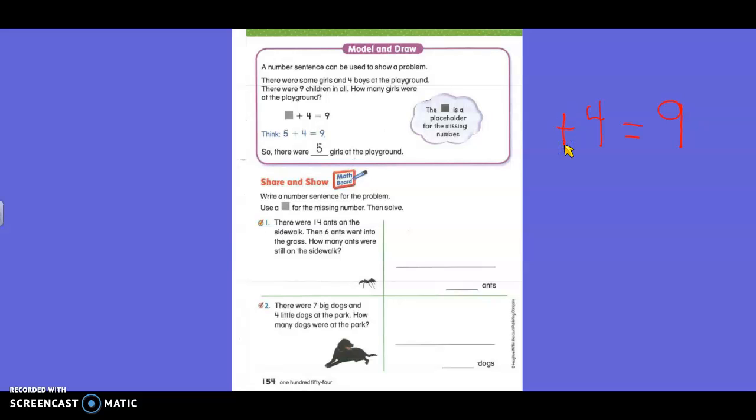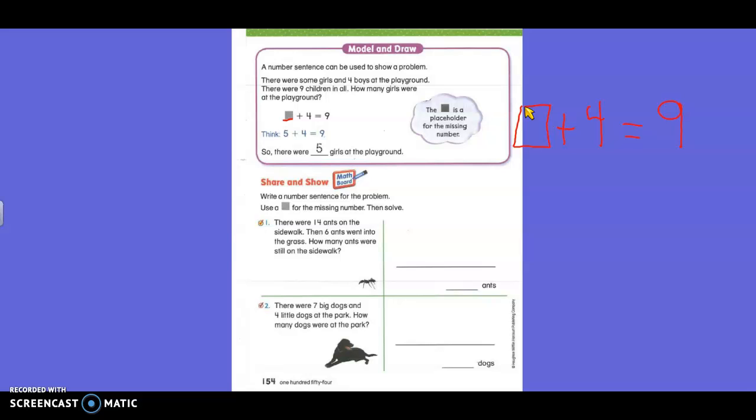Boys and girls, when you have a missing add-in, you might see a box. Okay? This says this box right here is a placeholder for the missing number. So when you have a missing number, you are just going to put a box. Okay? So they say the missing number plus 4 equals 9.